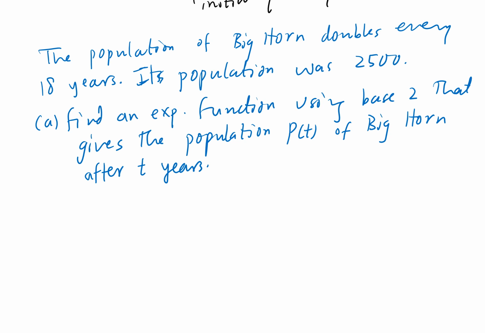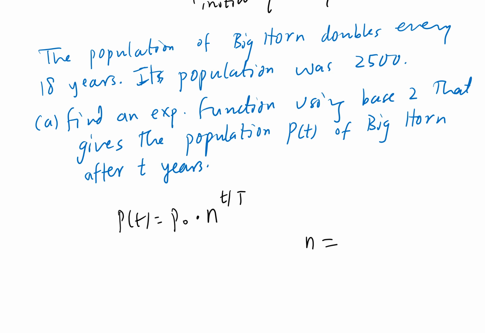The formula we gave you was P of t equals P sub 0 times n raised to t over capital T. What is n here based on this problem?